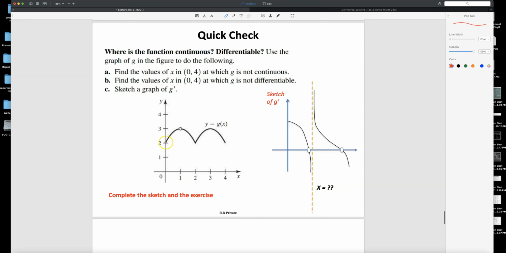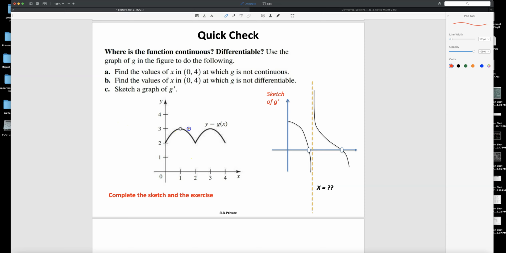So for instance, we can see that for this particular function, the derivative exists between 0 and 2, because in here you have a corner or a sharp point. Okay, so the derivative doesn't exist here. Okay, and it is also continuous from 2 all the way down to 4.